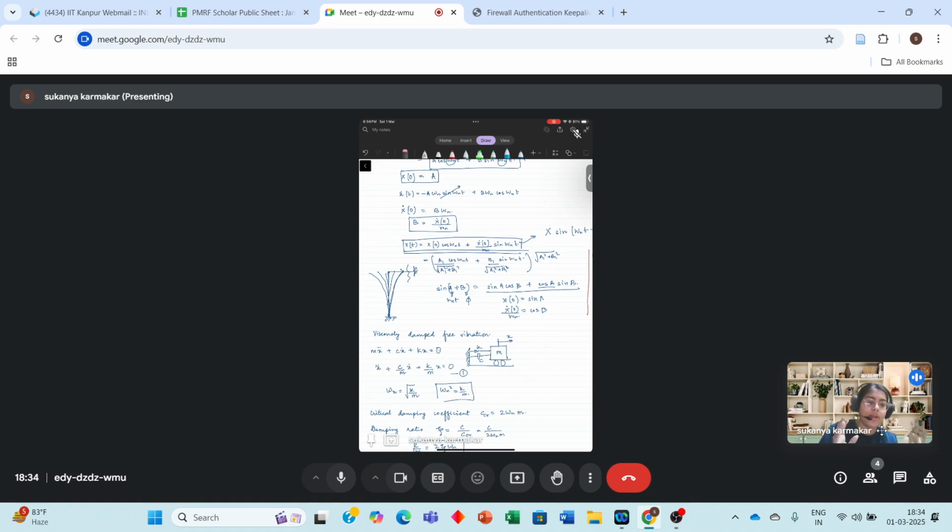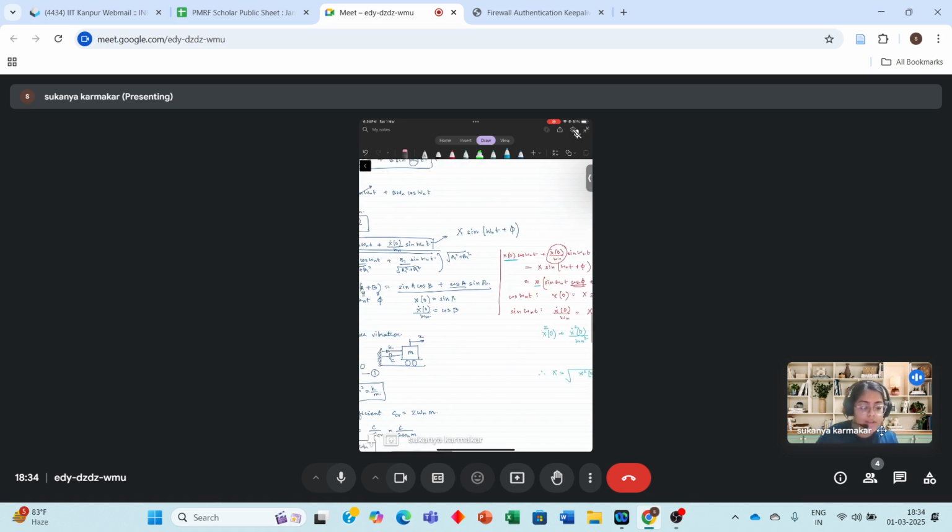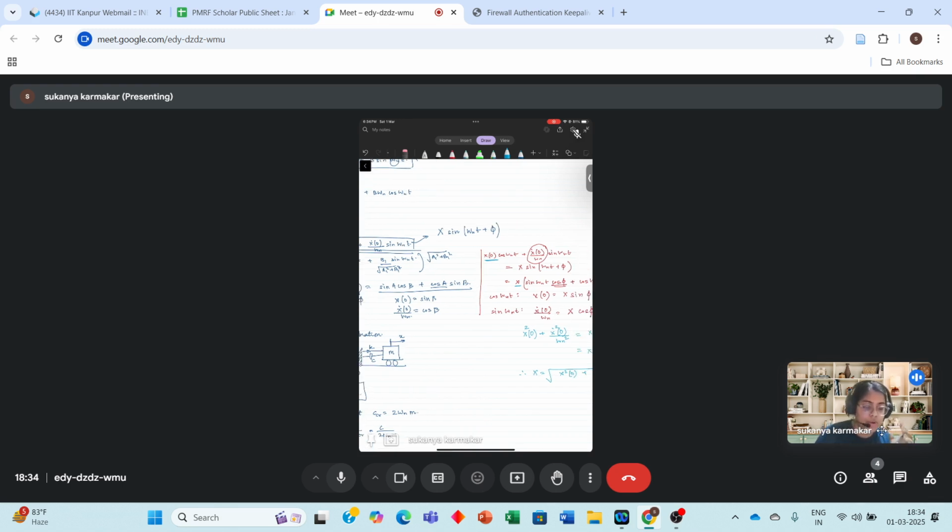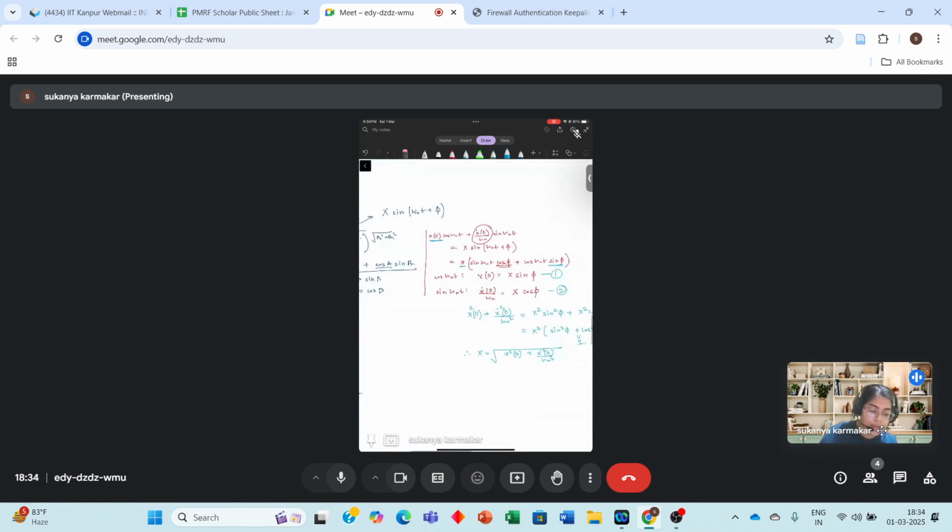Suppose I don't want to write such a big expression and I want to convert it into a form which is X into sin of (omega n t plus phi). I want to write it in a condensed manner, in short. So when I want to write it in a short manner, what are the unknowns? The unknowns are capital X and phi. So this is how I figure out capital X, which is the amplitude, and phi is the phase angle.